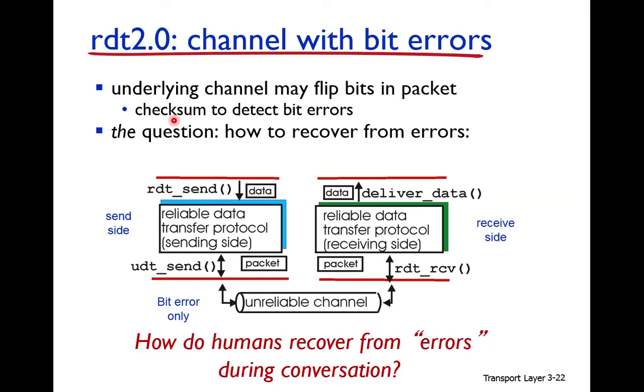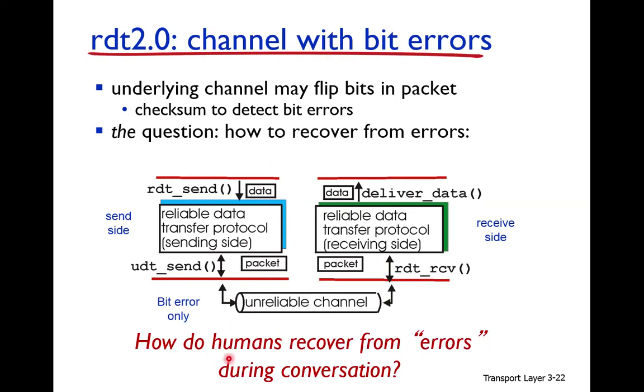The checksum mechanism is used to detect the bit error. So if there is only bit error, and there is no packet loss and no out of order, the packets are received without loss and in order, but the bit can flip: a 1 can become 0 or a 0 can become 1. So this is again an error. So how do we recover from the errors?